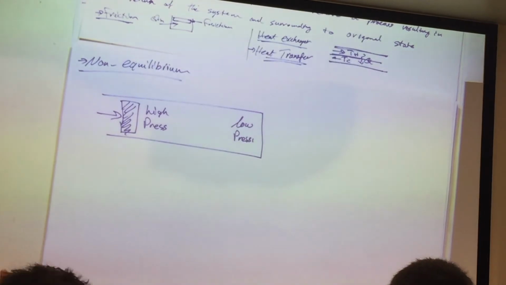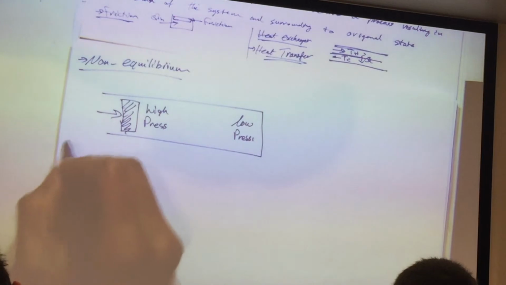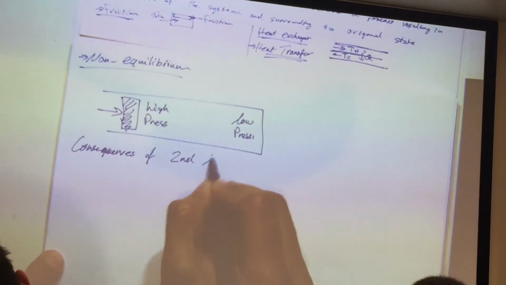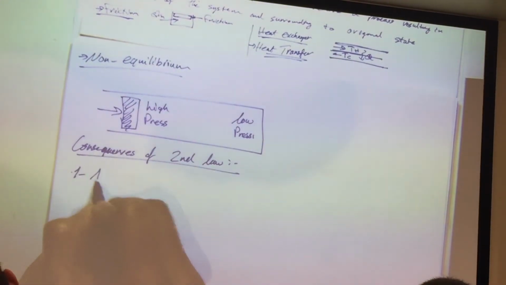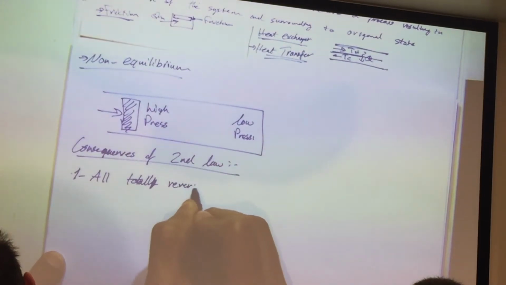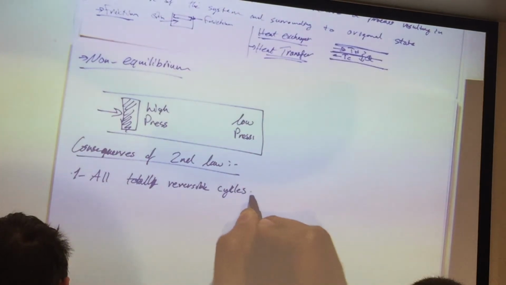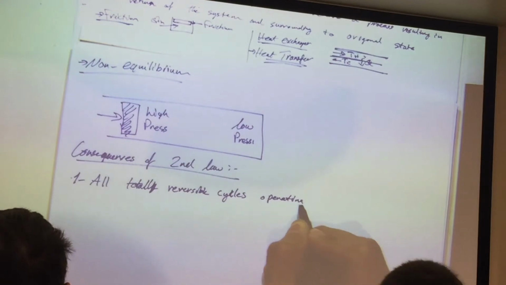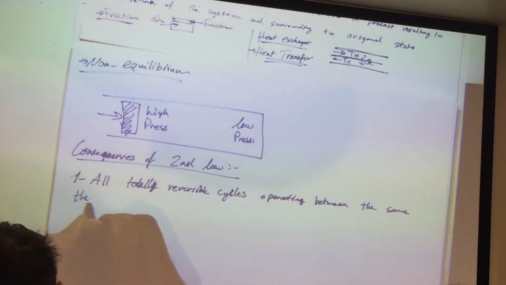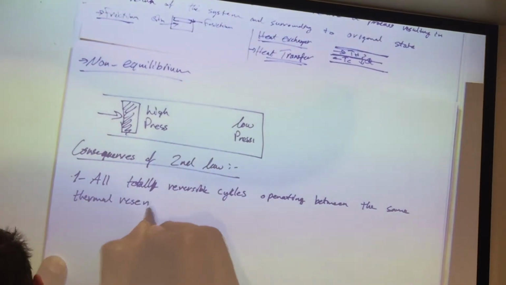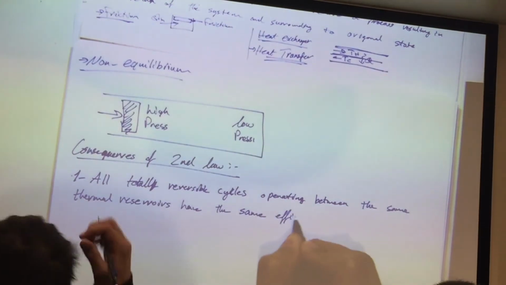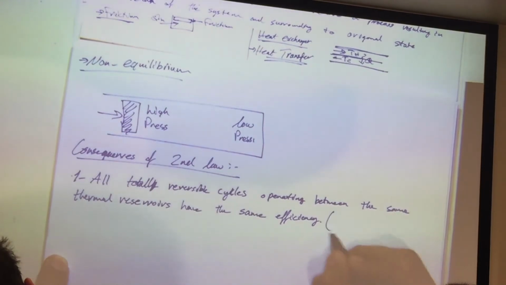So, one of the consequences of the second law: one, all totally reversible cycles operating between the same thermal reservoirs have the same efficiency, which we already know what is the ideal efficiency.